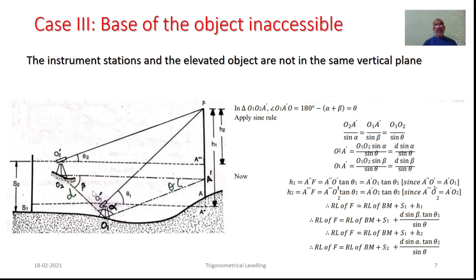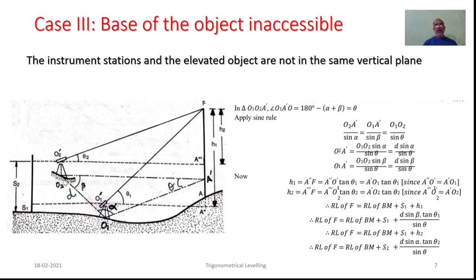Now, shift the equipment to station O2. Again, have the temporary adjustments done. The way we measured theta 1 here, let's measure theta 2, that is obtained after sighting this particular station F. Here we can also measure angle beta, which is nothing but A dash O2 O1.